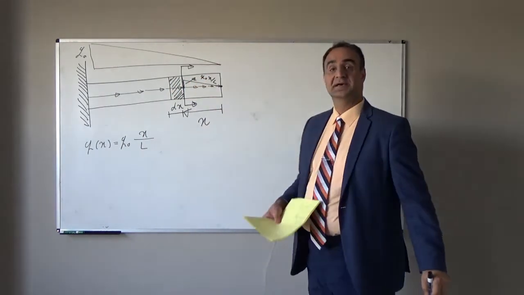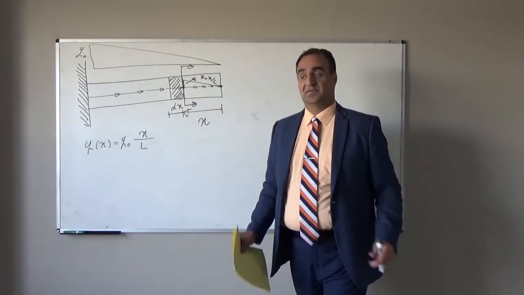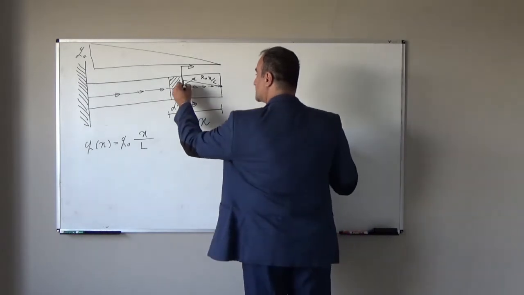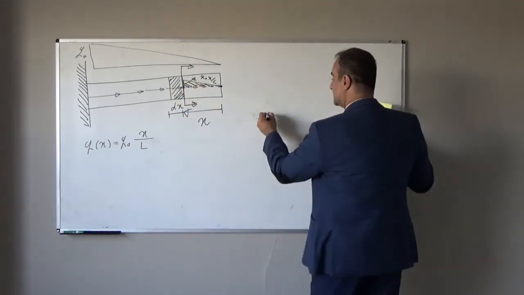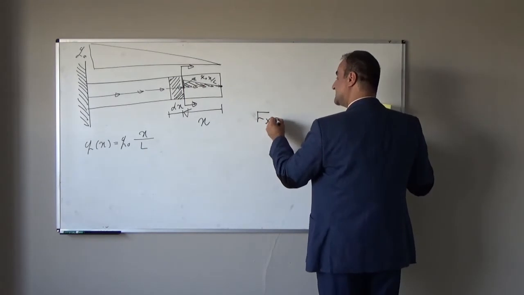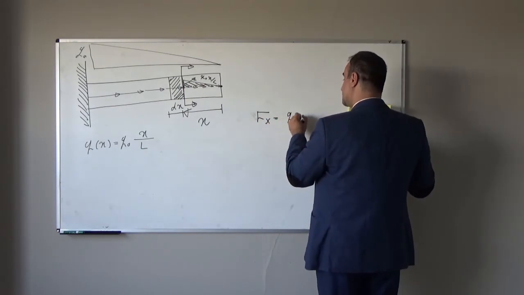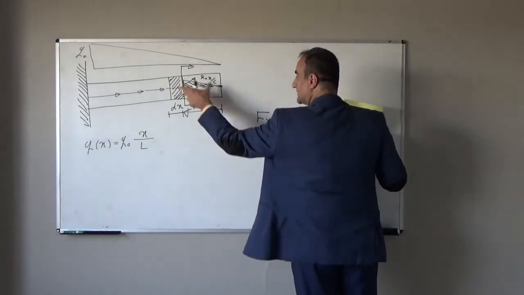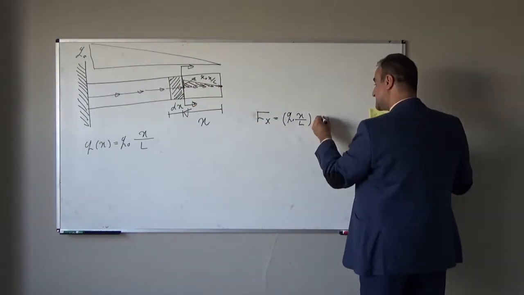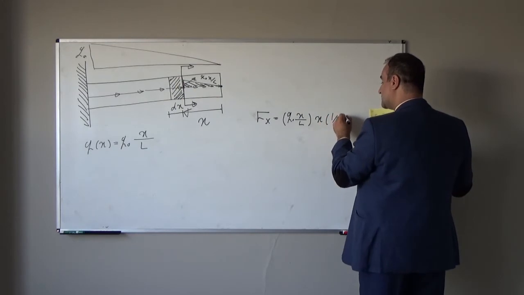What is the resultant axial force? Resultant axial force will be area underneath of this triangle. So resultant axial force will be Q naught x over L times height x times 1 over 2.